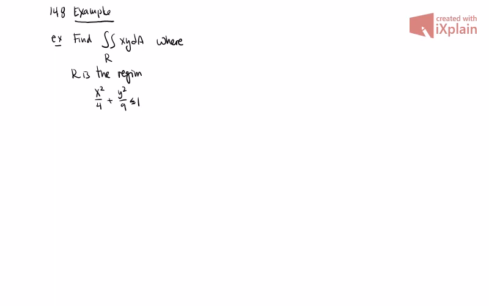If it's not clear what this is, you might notice that if we had x squared over 4 plus y squared over 9 equals 1, it's an ellipse.